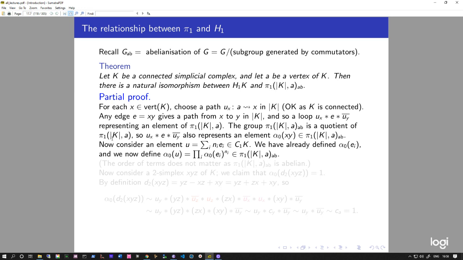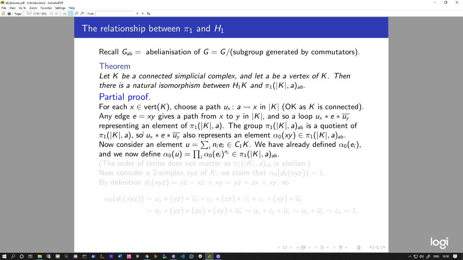Okay, so there's a little bit of a glitch here because we write the group operation in C1K as addition and the group operation in pi1K as multiplication. So we want to make alpha 0 into a homomorphism. It has to convert addition to multiplication. So the sum over i of Ni Ei becomes the product over i of alpha 0 of Ei to the power Ni. Okay, so this now gives us a homomorphism alpha 0 from C1 to pi1.